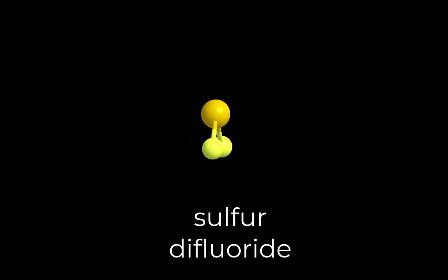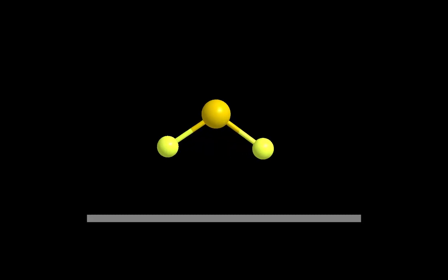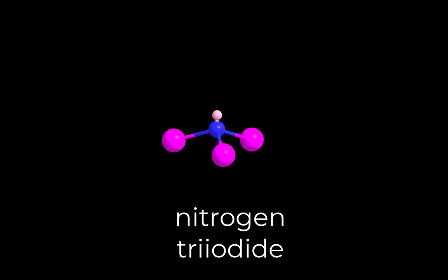This is the next molecule, sulfur difluoride. I'm not showing the lone pairs on this one. The sulfur is the atom in the middle, and the fluorines are the 2 atoms to which it is attached. Next, we look at nitrogen triiodide. That little dot at the top is a lone pair. That's what it's standing for.